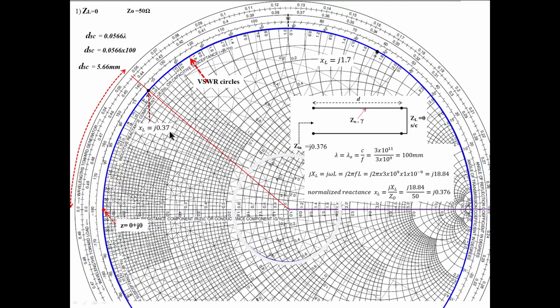This circle is 0.3 reactance, and this is 0.32, 0.34, 0.36. Okay, 0.37 maybe approximately here I took, because this is 0.4, this is 0.38. So this is a 0.37 reactance, maybe, so I took one more circle a little behind that.